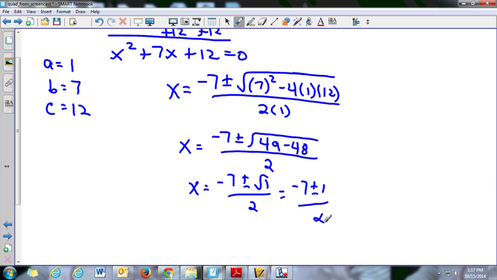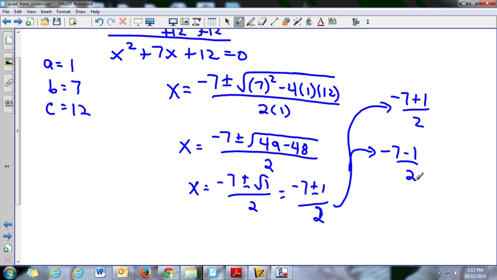It's 1. So you've got two answers. Answer number 1, negative 7 plus 1 over 2. Answer number 2, negative 7 minus 1 over 2. And so when I solve those, I get negative 3 and negative 4. So I know that x equals negative 3 and negative 4.